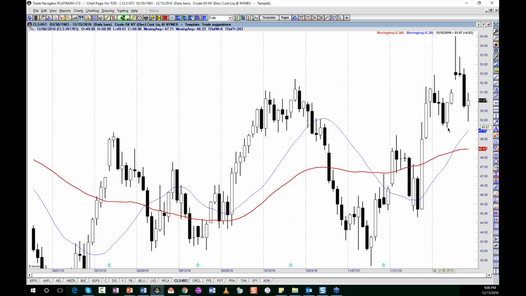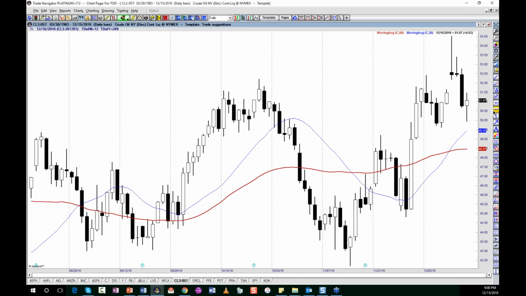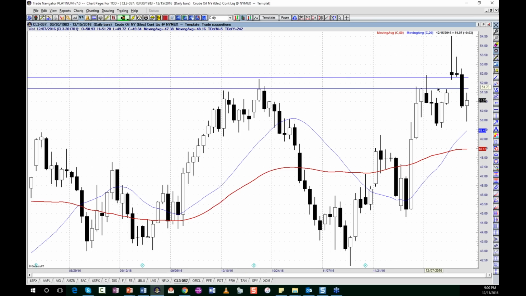We're now looking at holding it for support, but some of you may recognize this. This was an old resistance area, a rising window. This should have been support.